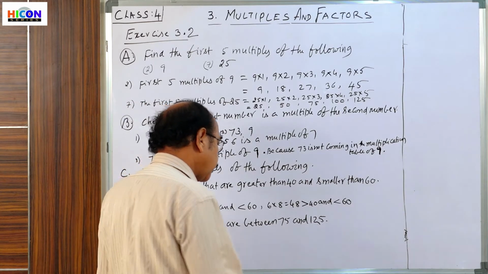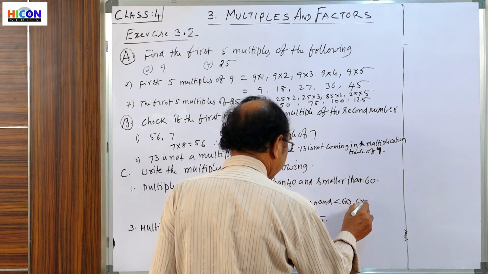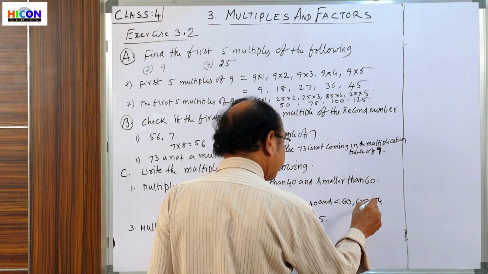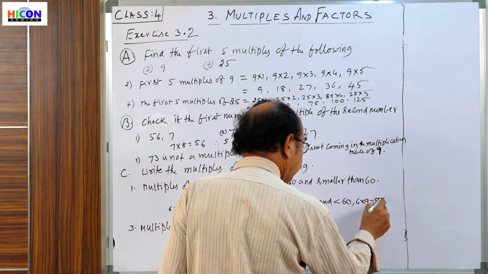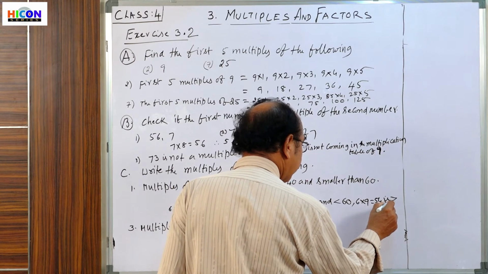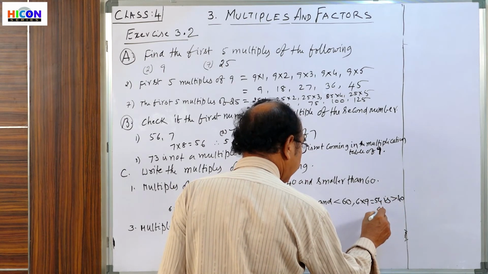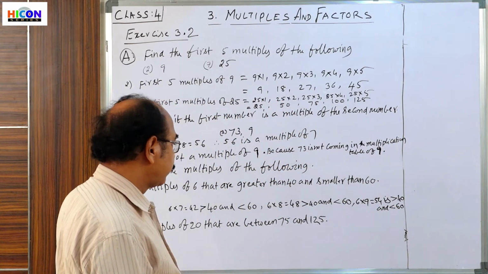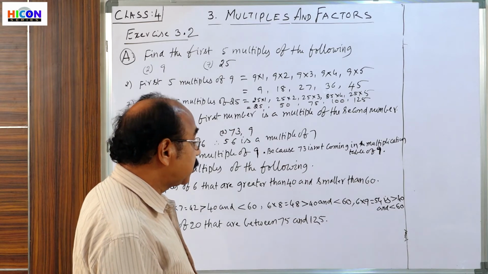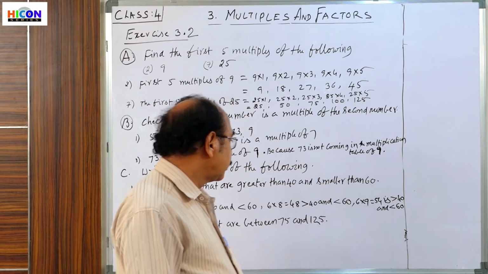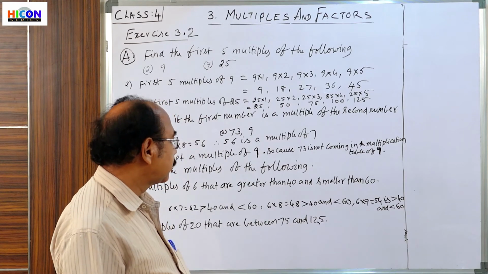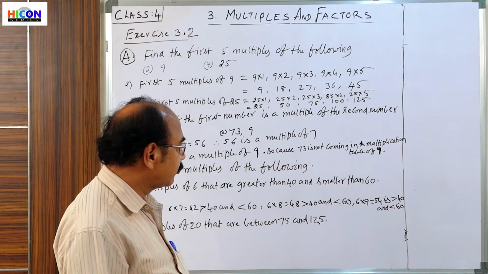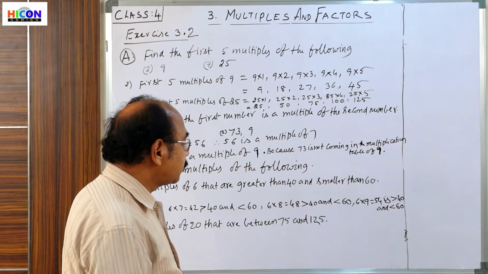Next. 6 nines are 54. 54 is greater than 40 and less than 60. Okay now. Next, 6 tens means 60 comes. 60 is greater than 40, okay, but it is not smaller than 60. Which one? Equal to 60.